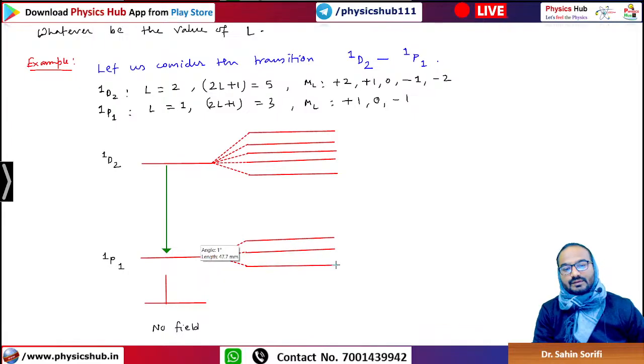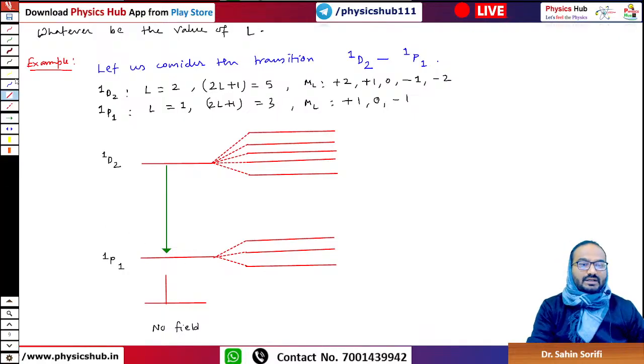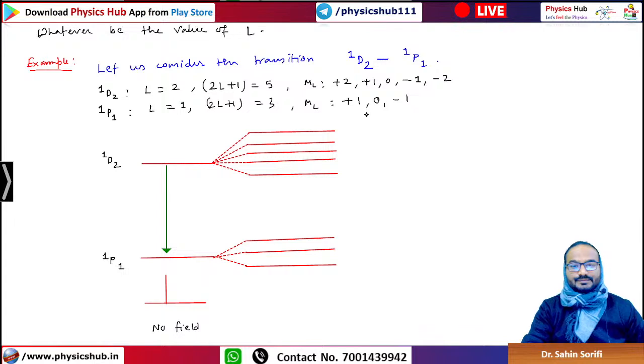Atomic, if you can understand, it is a very easy subject and easy to score. So ML values, you can see, are plus 2, plus 1, 0, minus 1, and minus 2. Here it is plus 1, 0, and minus 1.